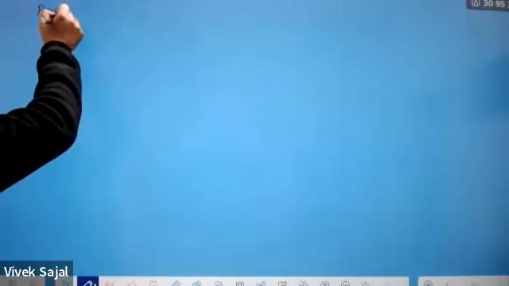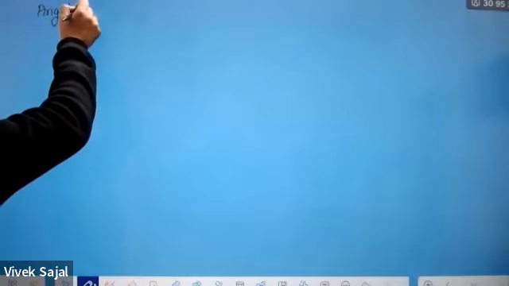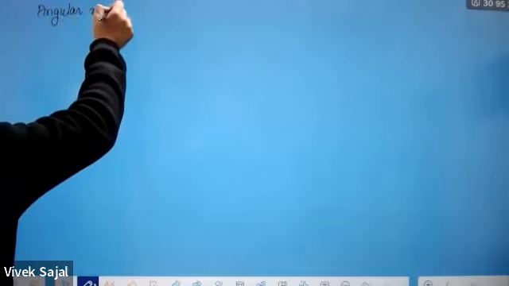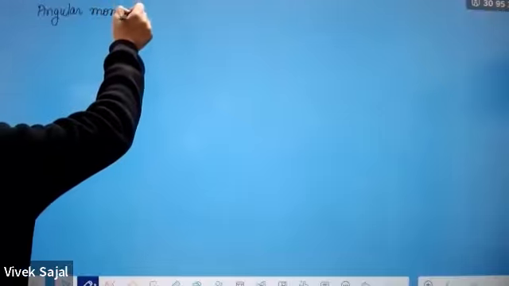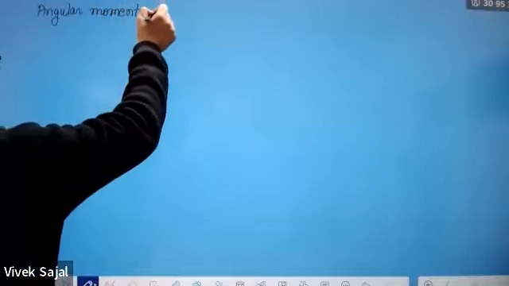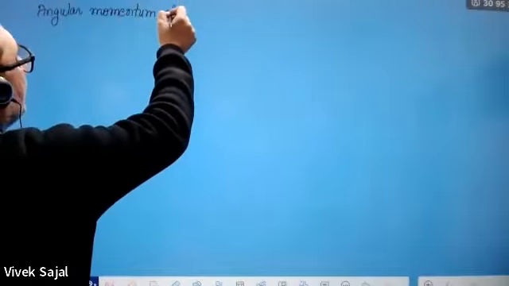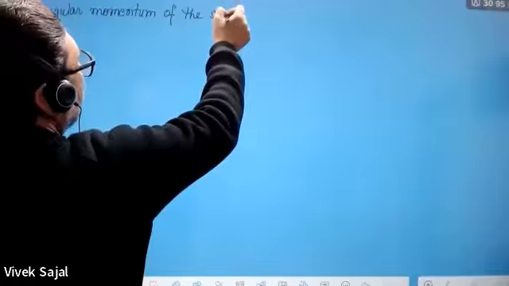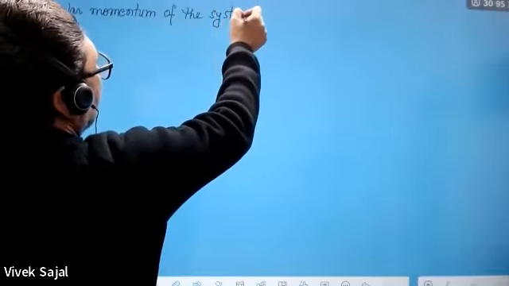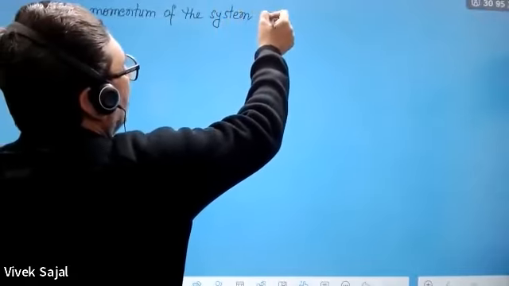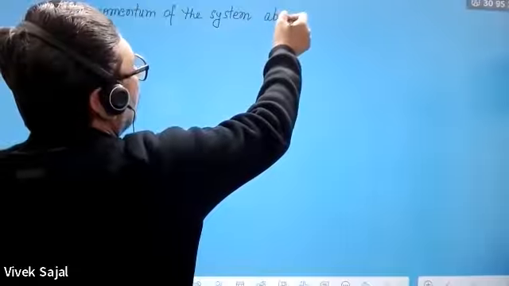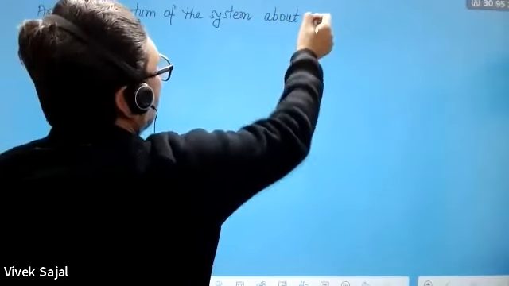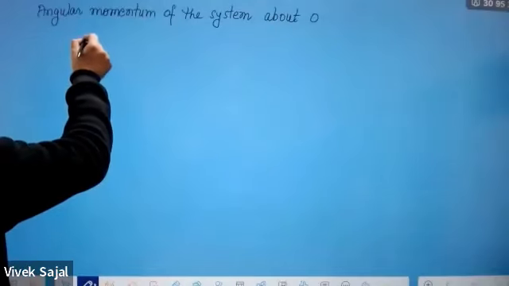So the angular momentum of the system about the origin O. Now this will be sigma.